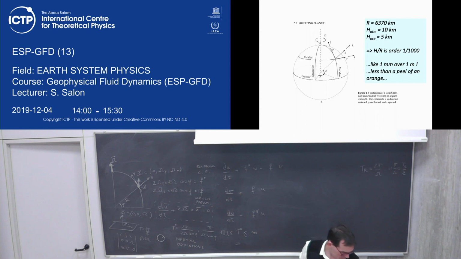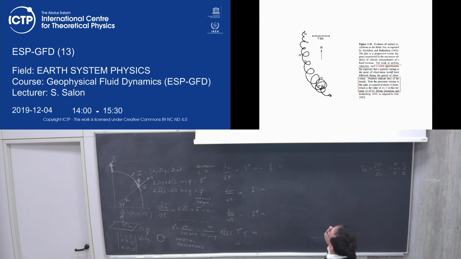Okay, so it's quite difficult to observe inertial oscillation, but it has been done in the past. So this is one of the few examples that you can find. This is taken, of course, from the Cushman book. So this was evidence of inertial oscillation in the Baltic Sea in 1936.